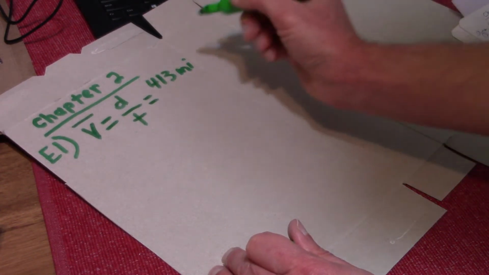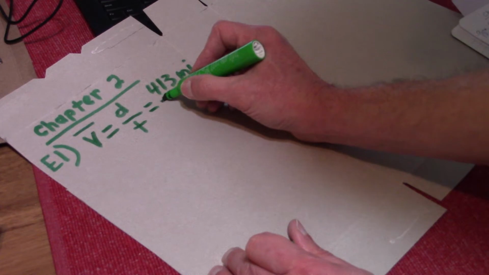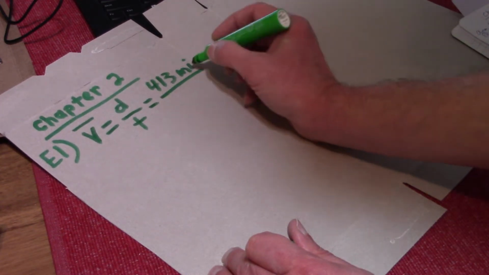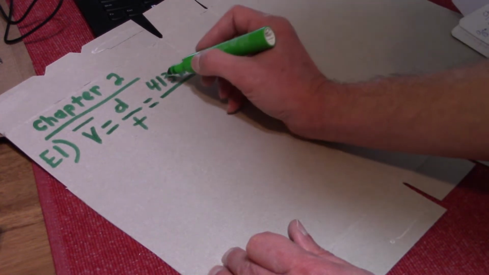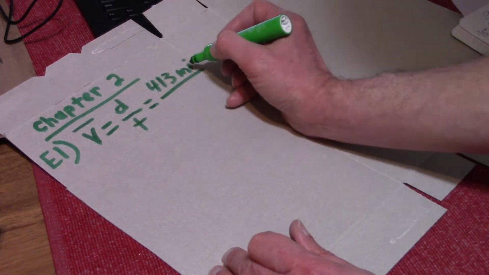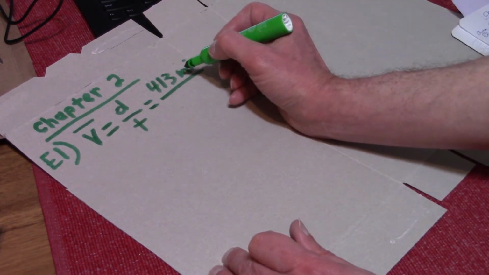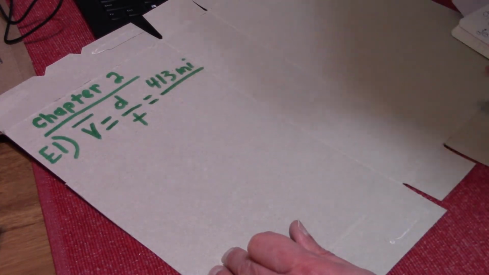Now notice, this is what I mean by units. Whenever you write a number down, you never just write a number down by itself. You put the unit, 413 miles. This will become evident as to why we do that.